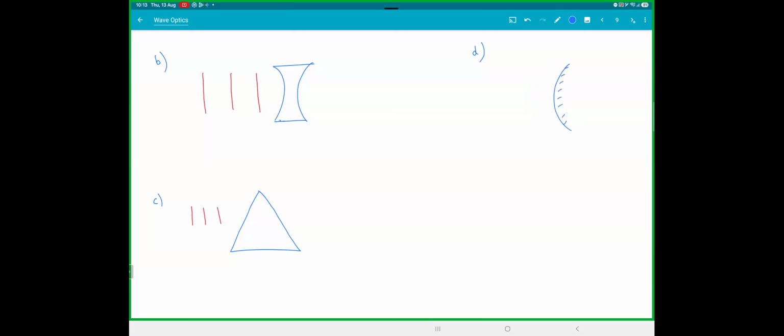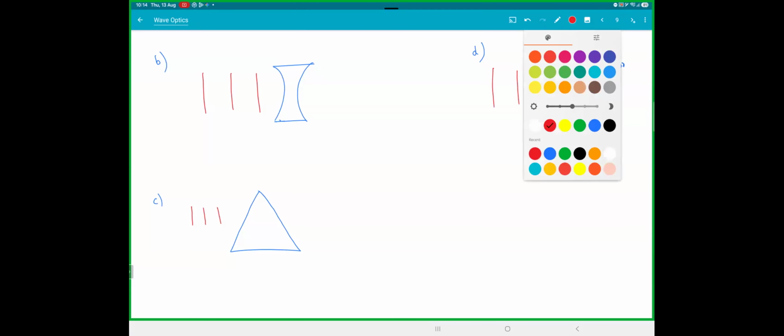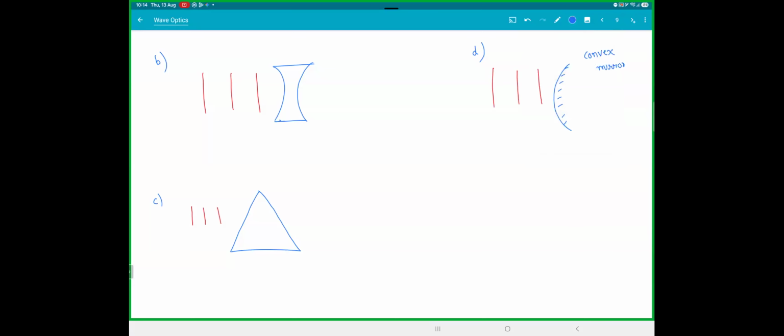Suppose you have a convex mirror. If you send plane wavefronts here, what will you see? You need to draw the shape, how it will look.